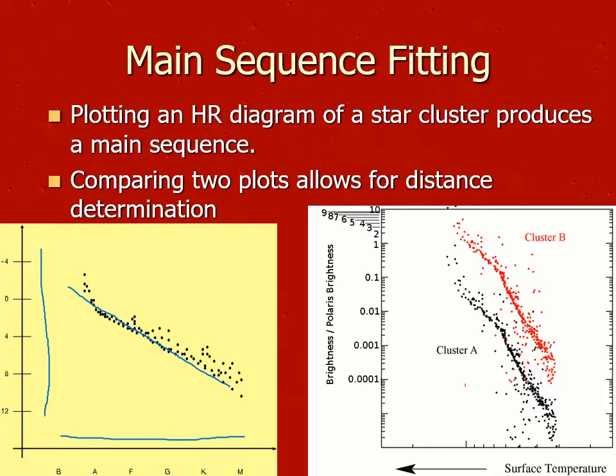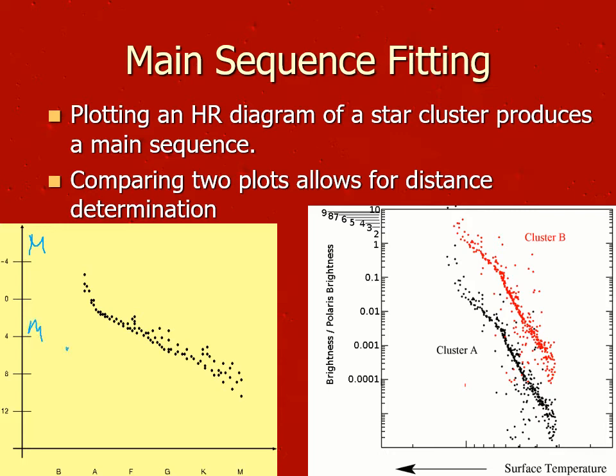Now, on the other hand, if you were to do the same thing for a star cluster, but you don't know how far away the star cluster is. If you do not know the distance of the star cluster, then you would want to plot the absolute magnitude, big M, to get the main sequence, but you'd have to plot little m.